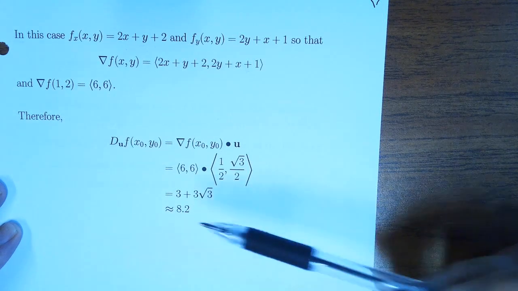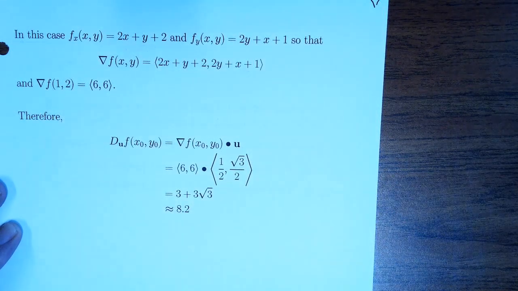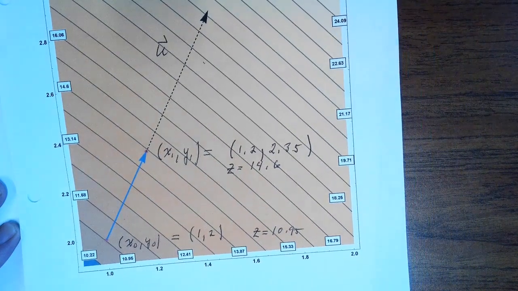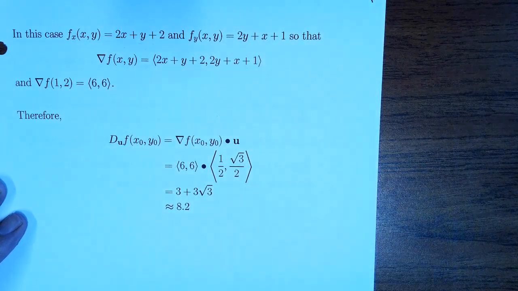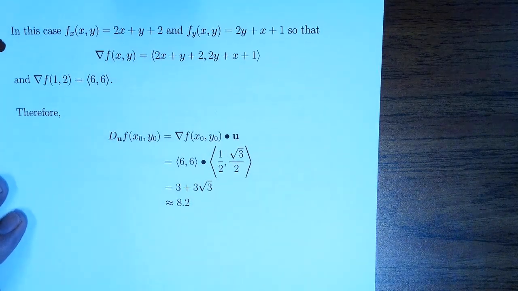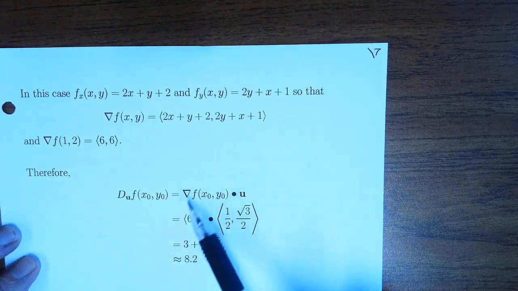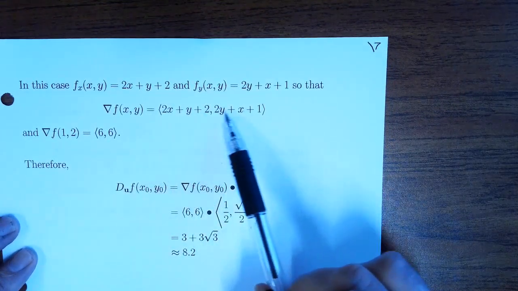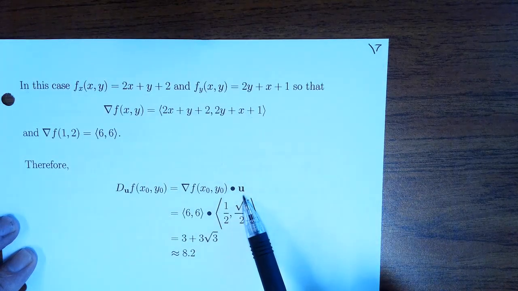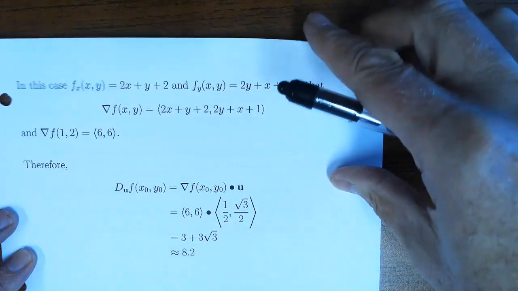That is approximately 8.2. And that's not too far from the approximation we had a few pages ago, which was about 9.25. So again, to compute the directional derivative, you need the gradient, which means you need partial derivatives, you need a unit vector, and you need to compute the dot product.